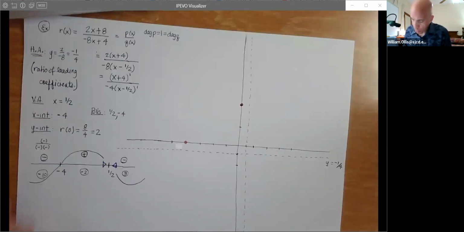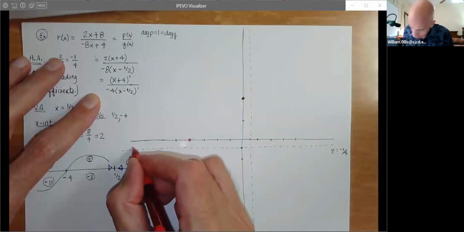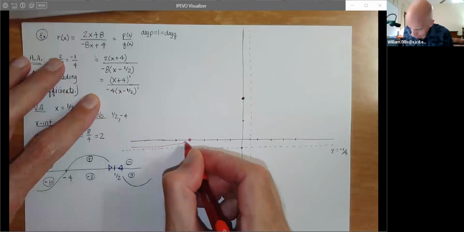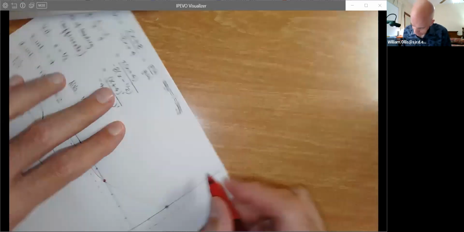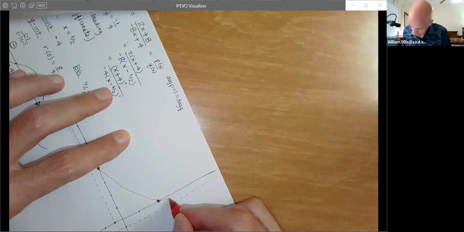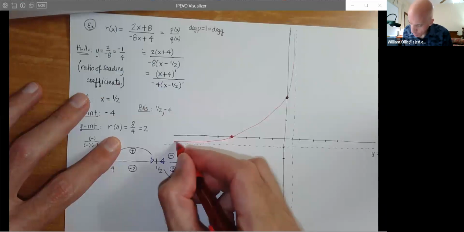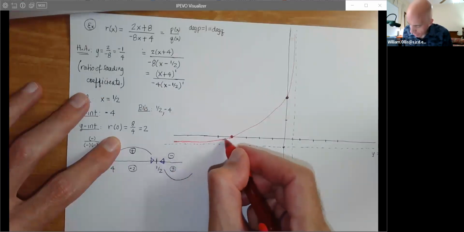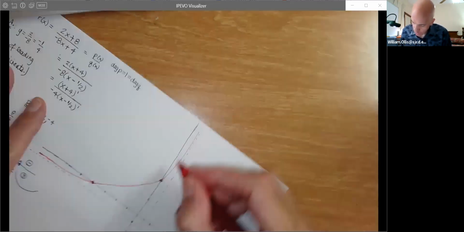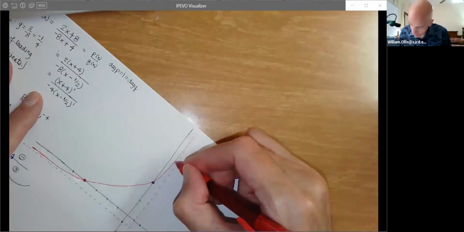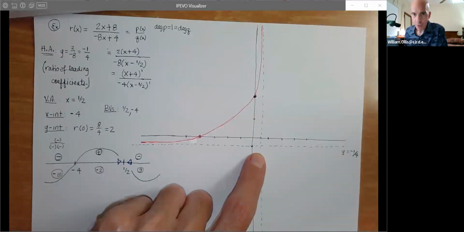So we hug the asymptote and then cross and pick up that point and go to positive infinity. So we get a curve that's approaching the asymptote y equals negative 1/4, crosses at negative 4, and then moves off to infinity, becomes infinite as x approaches 1/2 from the left.